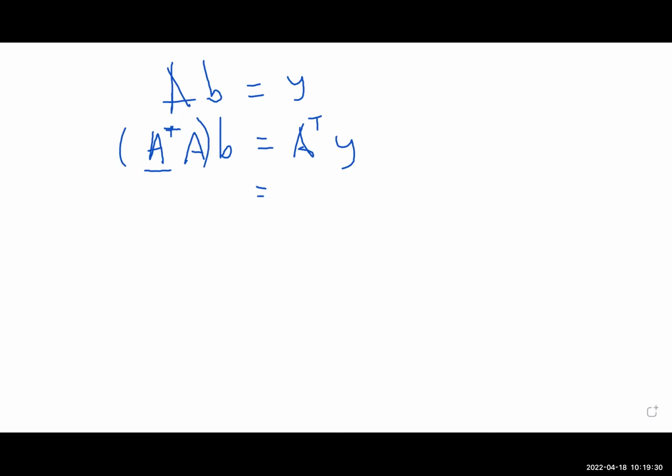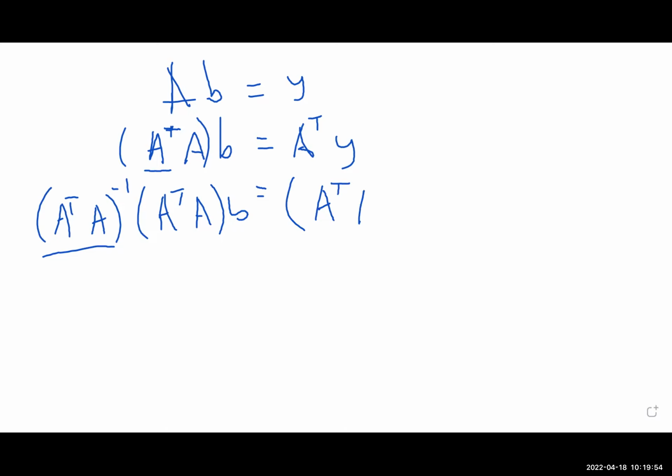Because I can put this together, I can take the inverse of that, right? So A transpose times A, I make the inverse, and then I just copy this. A transpose times A times P equal, of course, on the right hand side, I need to copy this, right? So I have A transpose times A inverse. Now I copy this, A transpose times Y. But this one is basically the identity matrix, right?